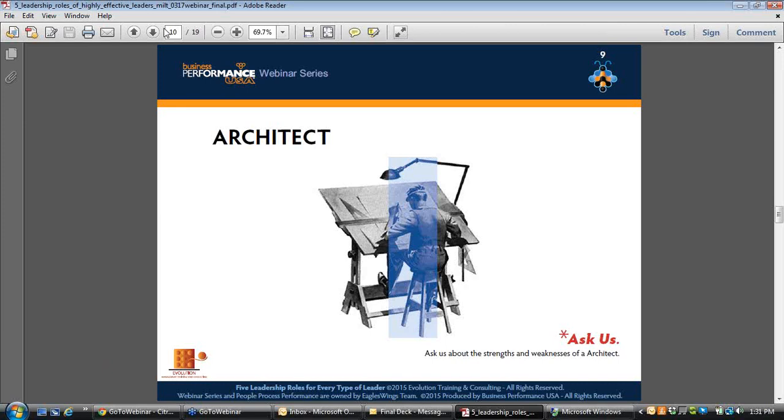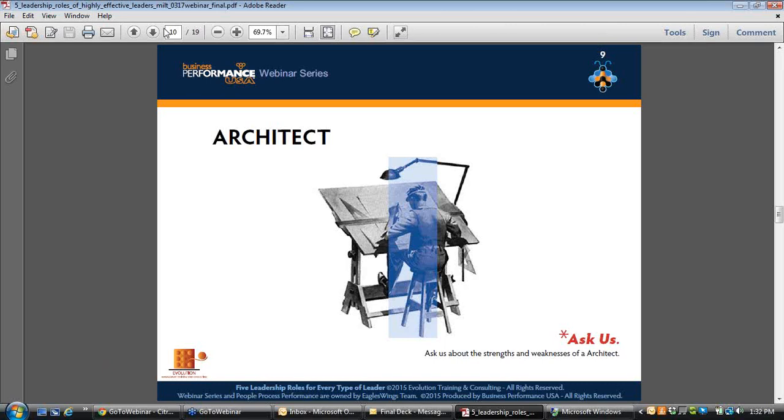Versus taking a look at what our core business is, what product we're trying to create, and creating an architecture or organizational structure that supports that process, so that the process gets done as effectively and efficiently as it possibly can. So that's really the architect's role. We have the vision, and then they create the mechanics, shall we say, so that the mission can be implemented as smoothly and as concisely as possible.